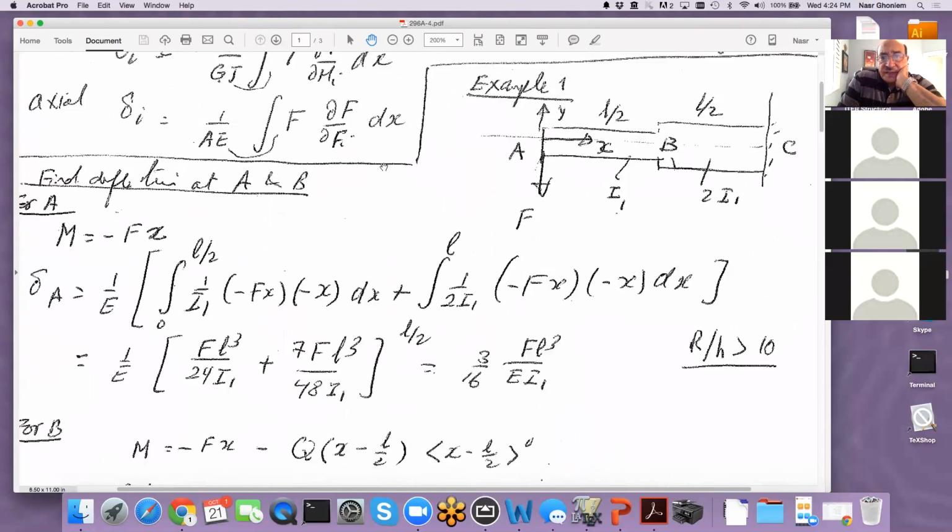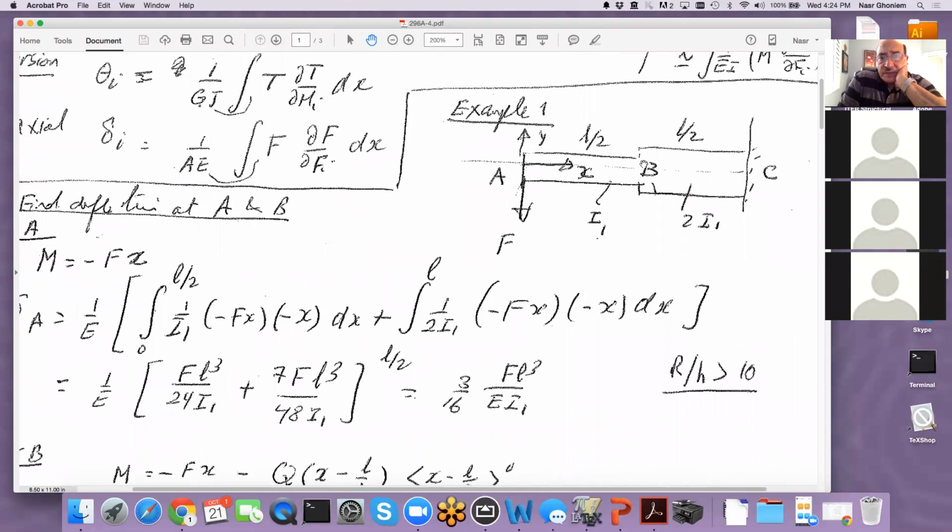For part B of the problem, the force that I'm going to put here is going to be Q, and Q is a fictitious force. So I will have this force tend to zero.